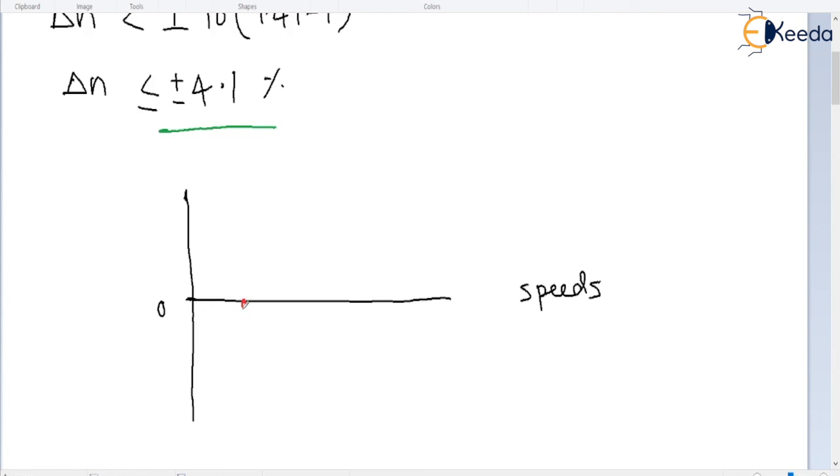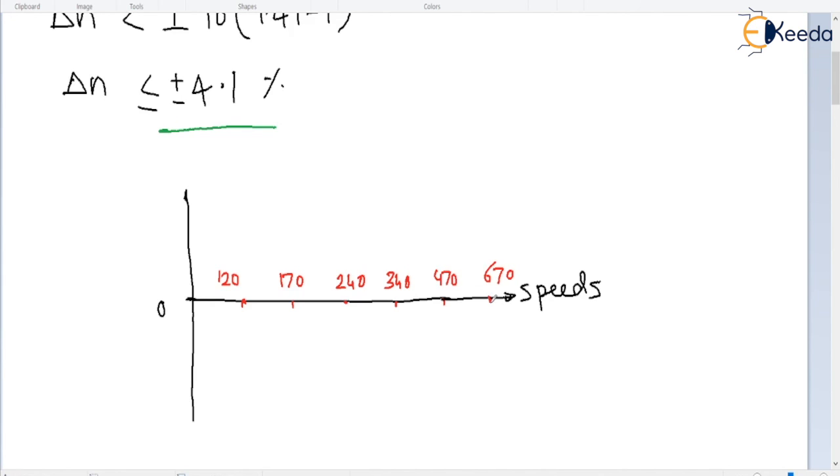Here it is 120, 1, 2, 3, 4, 5, and somewhere here it will be 6. Now we extend that line and write down those speeds: 120, 170, 240, 340, 470, and the last one is 670 rpm.